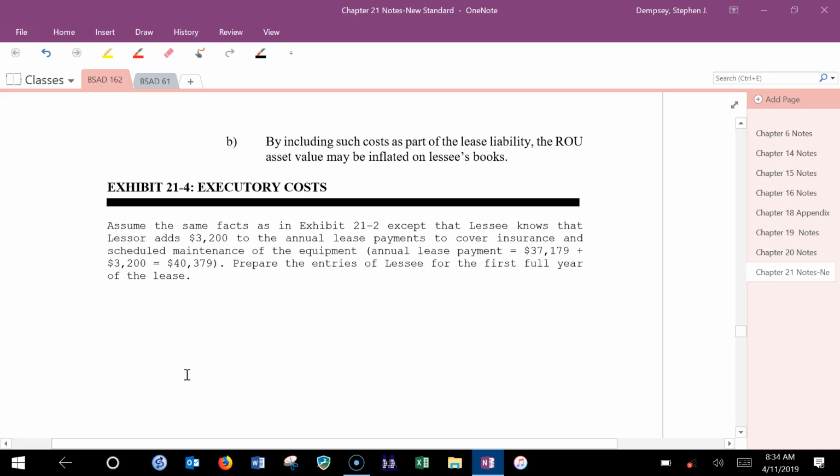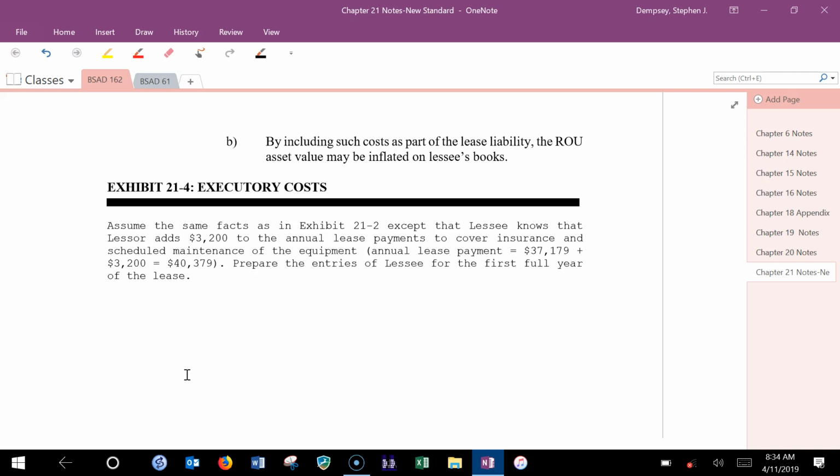As I mentioned, by including such costs as part of the lease liability, the right of use asset may be inflated on the lessee's books relative to what, in historical cost accounting, we record the assets at their fair market value, correct? So this could cause that recorded cost to exceed the fair market value of the asset. You with me? Okay.